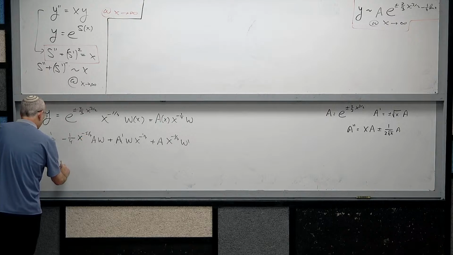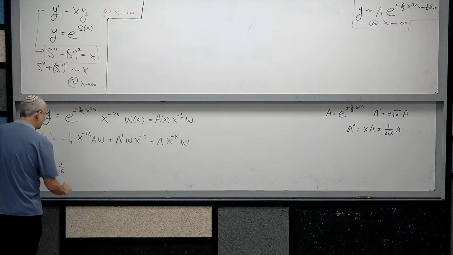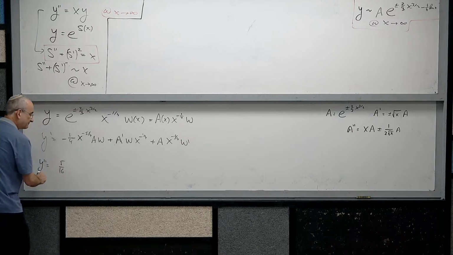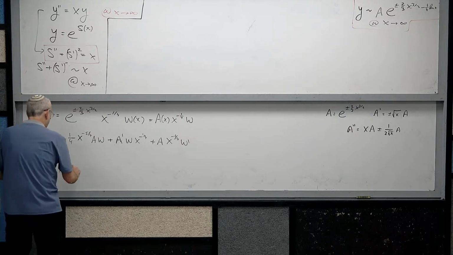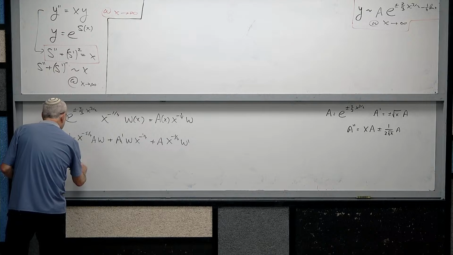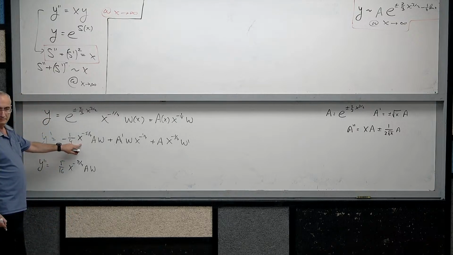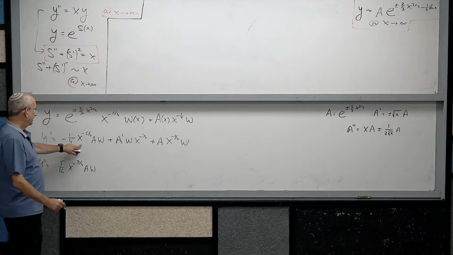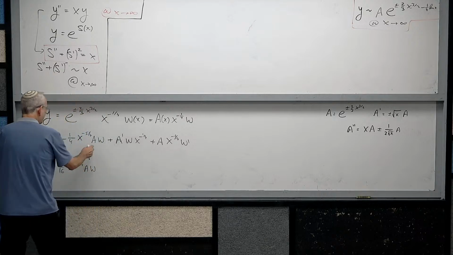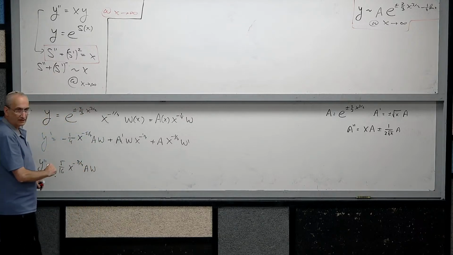So I have 5/16 times x to the minus 9/4 times AW. Okay? Now this is the derivative of the first term with respect to x.